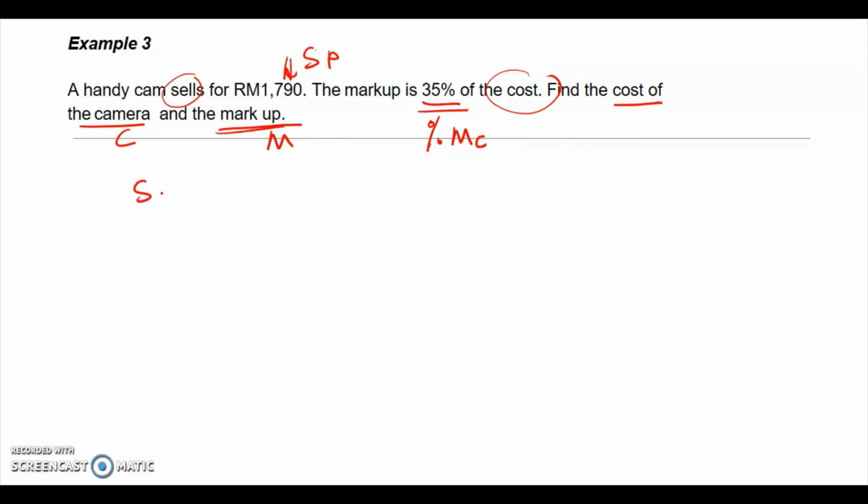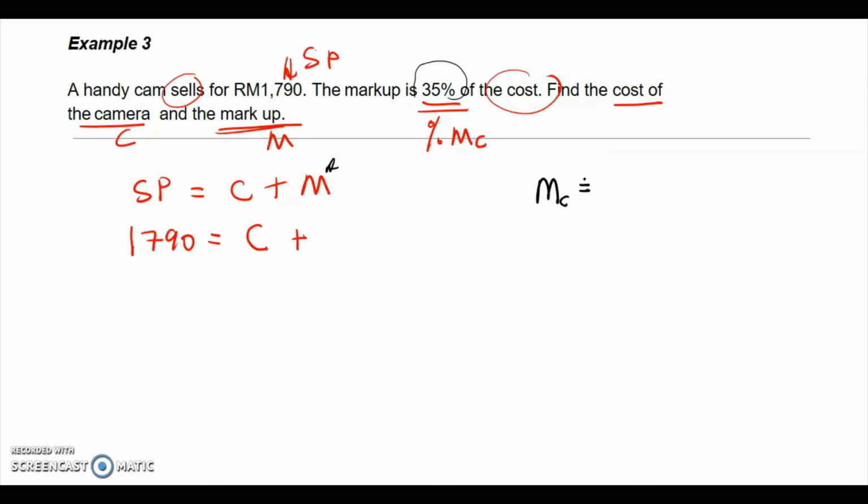Since we have the selling price value, maybe we can use the selling price formula C plus M. Now the selling price is 1790. So what is C? C is the unknown, plus M, the amount of markup. What is the amount of markup? The amount of markup is also unknown, but we have the percentage of markup based on cost price. That means our markup here is the markup based on cost price.